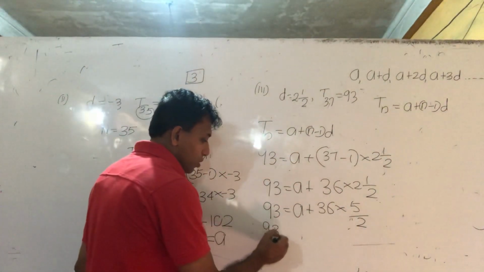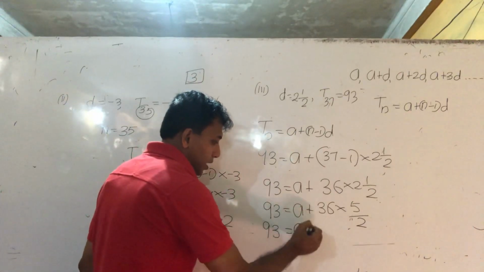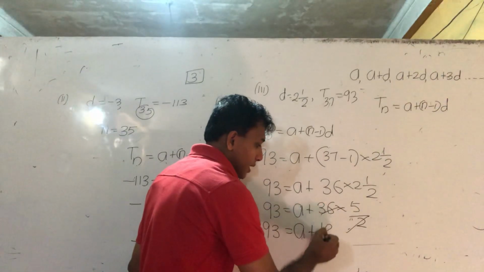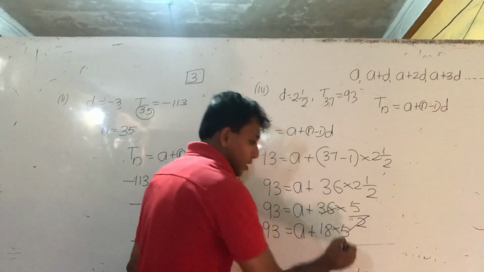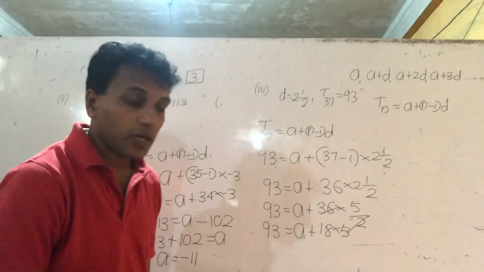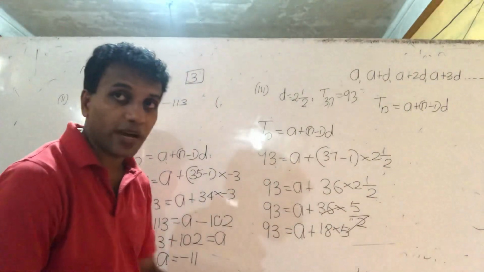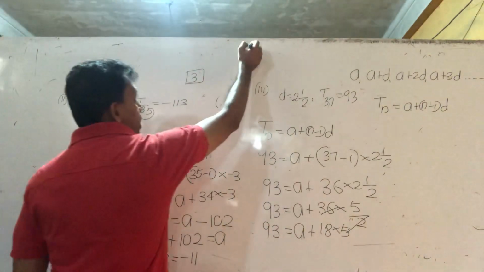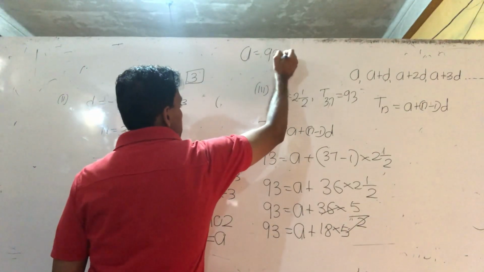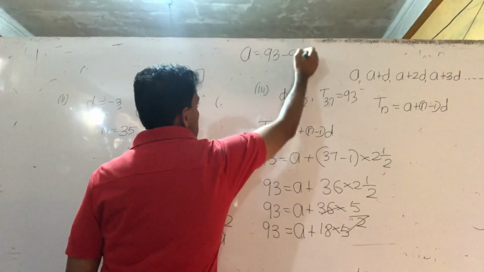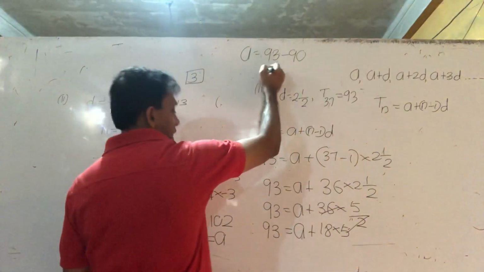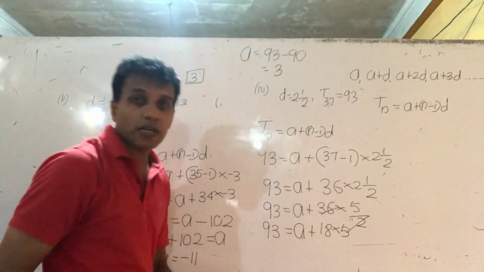Therefore 93 equals A plus 18 times 5. 18 times 5 is 90. Take this 90 to this side and find the A answer. So your A answer is 93 minus 90. What is that? 3. First term is 3.